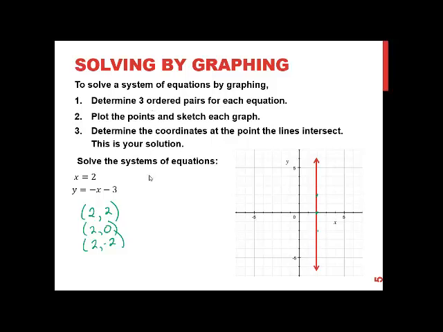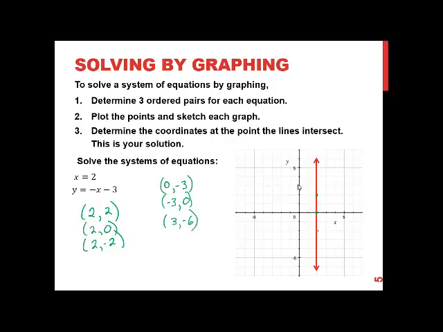Okay, next we will look at y equals negative x minus 3. Let's just plug in values for x: 0, negative 3. As we learned in our linear graphing section, we can pick whatever x values we want or whatever y values. Negative 3, 0 and 3, negative 6.